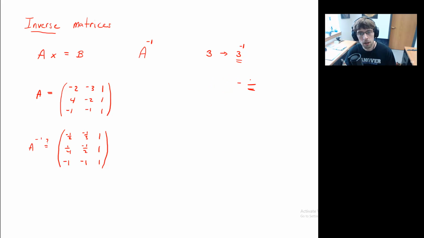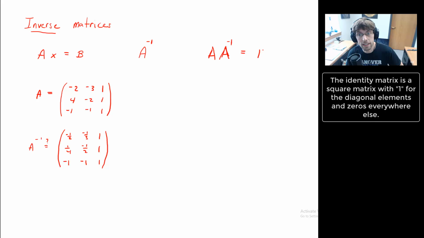Of course, matrices are not numbers, so let's get rid of this analogy, but the same idea holds. If I take a matrix A and multiply by its inverse, I should end up with, in air quotes, 1. Except we don't call it 1 for matrices, we call it the identity matrix. In other words, you should have 1 along the diagonal.